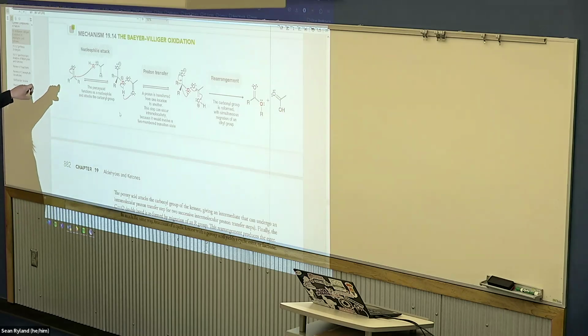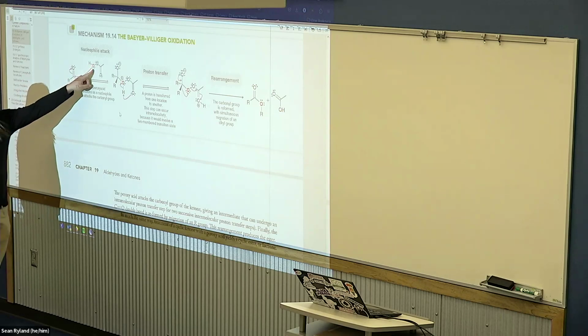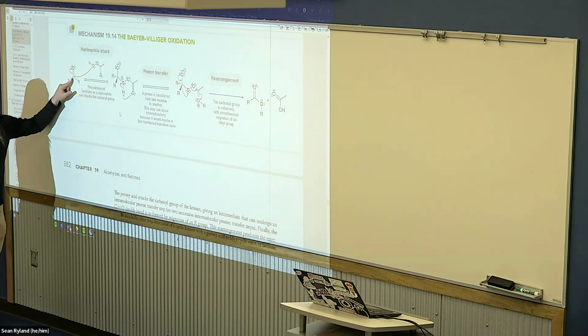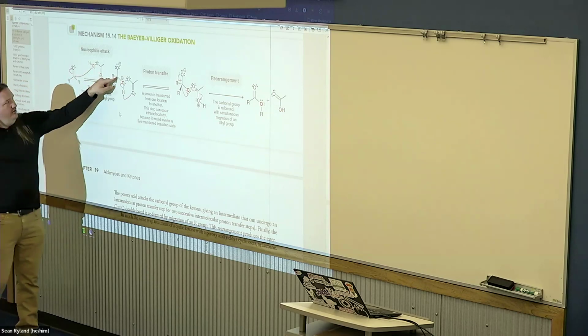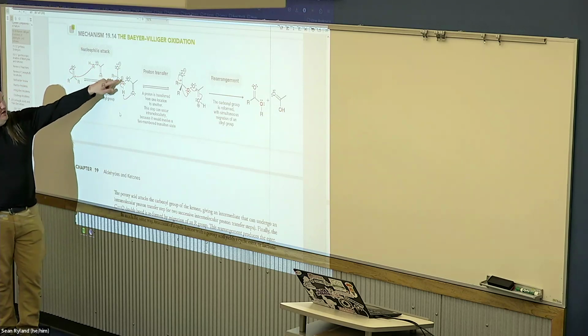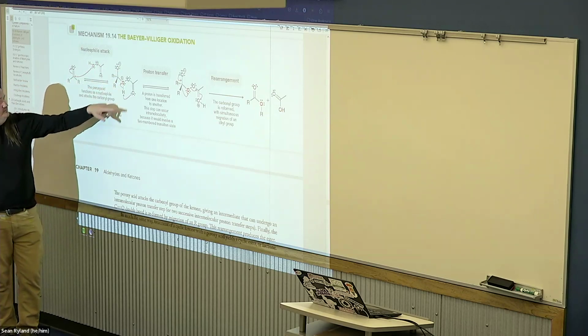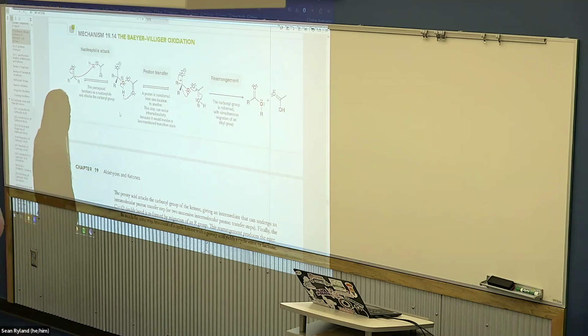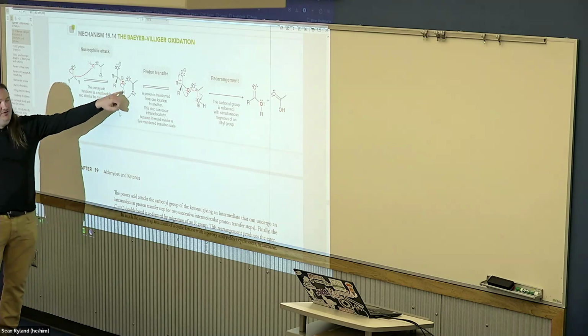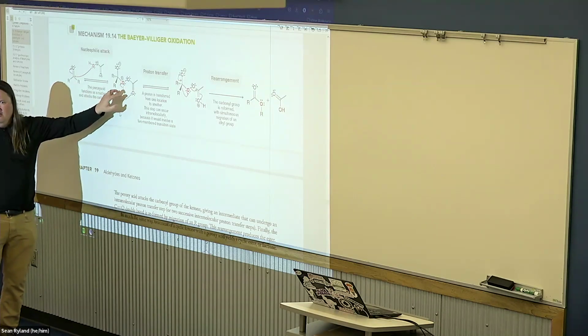We start with a peroxy acid, and that peroxy oxygen is a pretty strong nucleophile because that oxygen-oxygen single bond is pretty weak. So the nucleophile attacks the carbonyl carbon, and you make a tetrahedral intermediate where we have two oxygens attached. And because it's a peroxy acid, we see this intramolecular proton transfer.